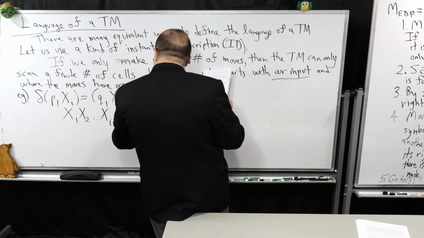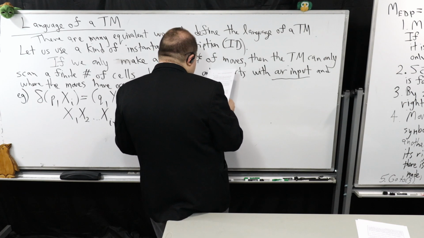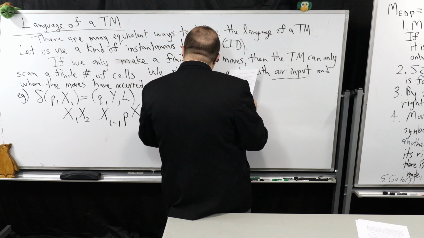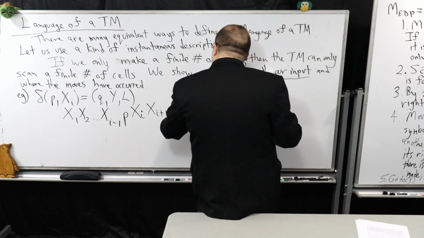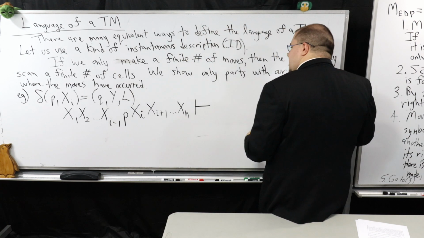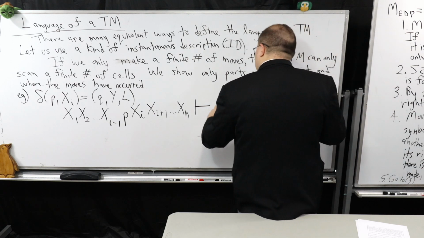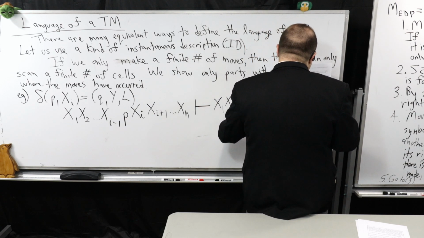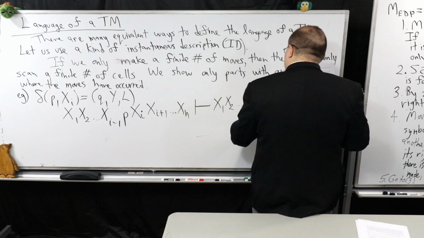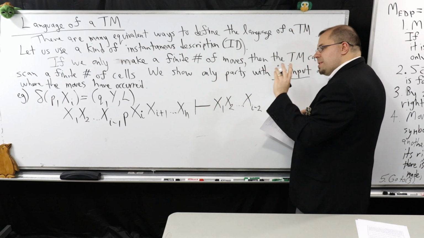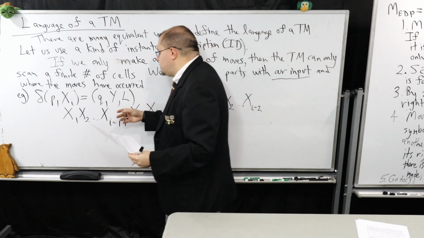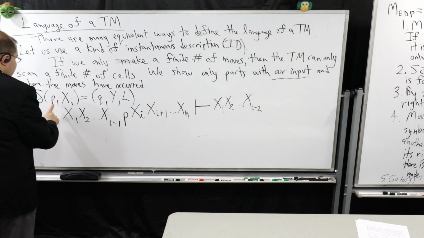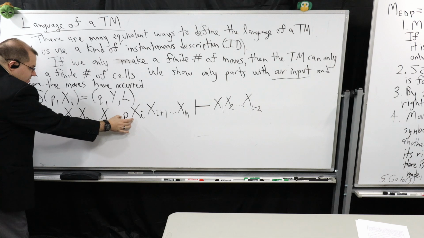So I have x_{i+1} all the way up to x_n, and I'm going to use this turnstile notation just like I did with the PDAs. So I have x1, x2, all the way up to x_{i-2}. Remember, prior to the move, I'm in state P. That's why P is located right here.